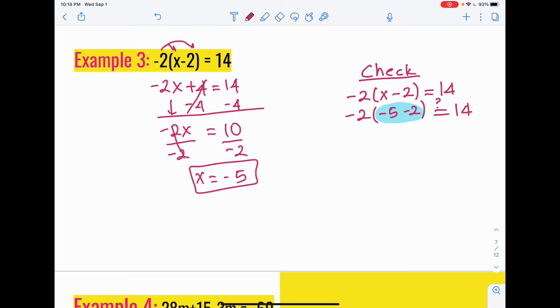Negative 5 minus 2 is really adding an opposite, so we're doing negative 5 plus negative 2 here, which will give us negative 7. Negative 2 times negative 7 will be positive 14. So you got this one right. Well done. Let's move on to another example.